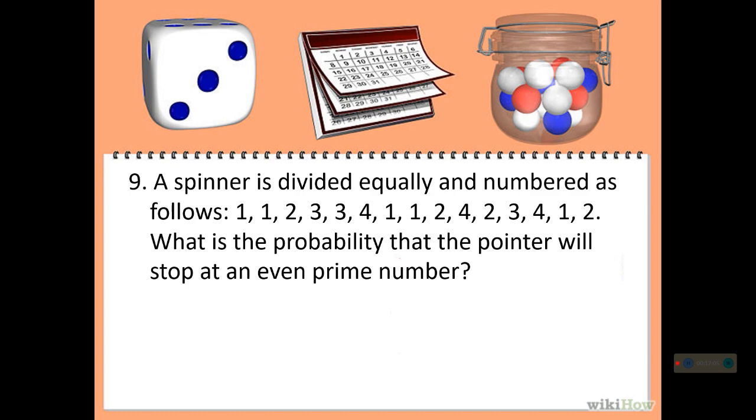So you have to take note that the even prime number is only the number 2. So you have to count. Okay? So we have here 1, 2, 3, 4. Out of how many? So we have here, okay, 15. So that's why you will have 4 out of 15.